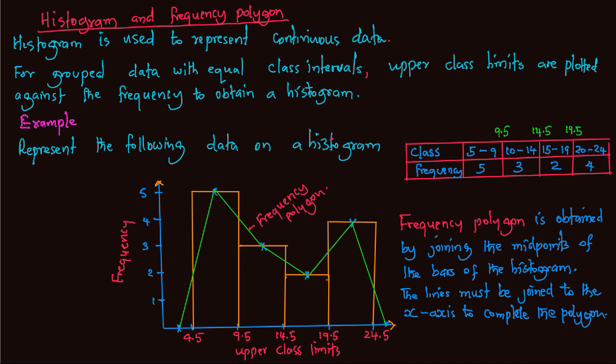And the upper class limit of the last class is 24.5. Here we have 4.5. So we use the upper class limits on the x-axis and the frequency on the y-axis.